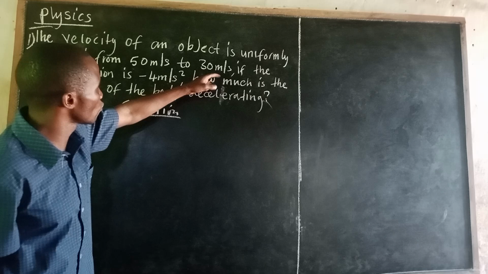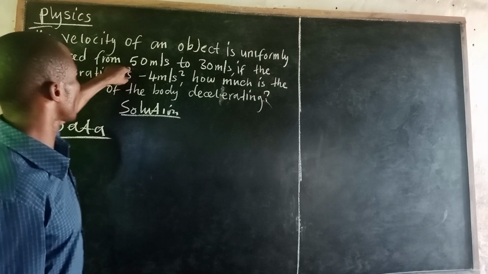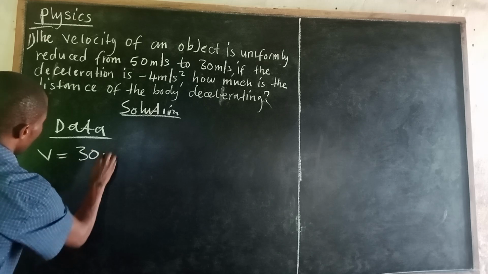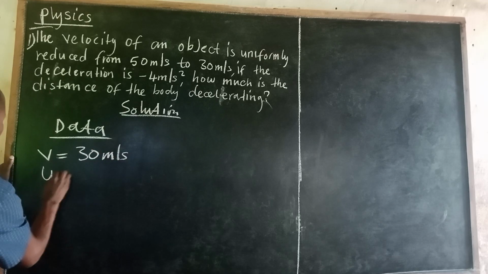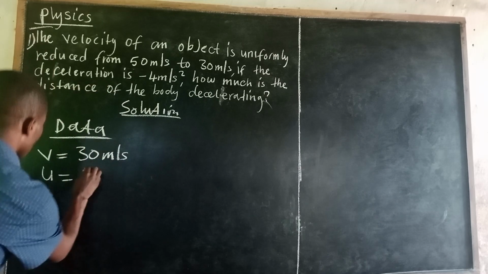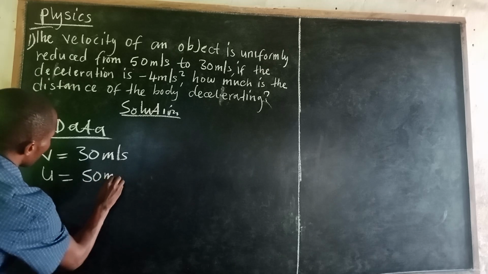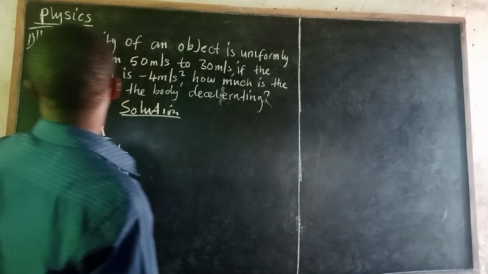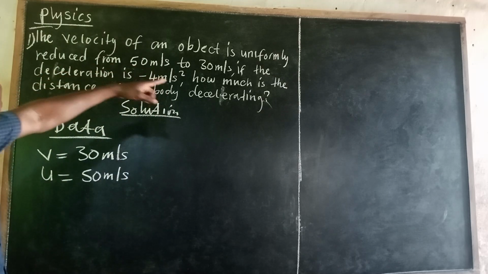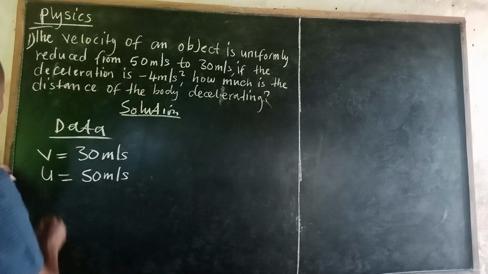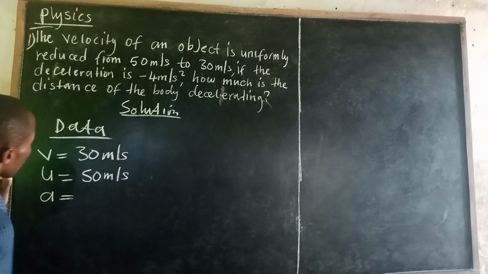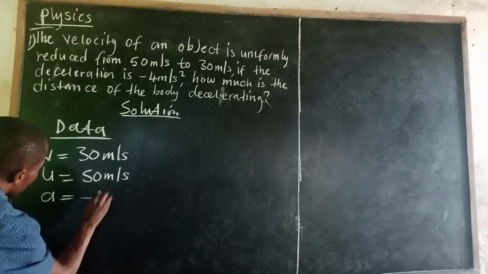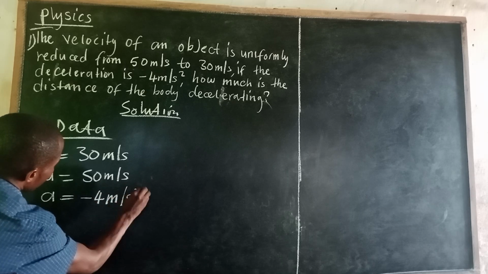So final velocity is 30 meters per second, and initial velocity is 50 meters per second. What else can we get from the statement? We also have acceleration, which is called deceleration in this case because of the negative. Acceleration is -4 meters per second squared.